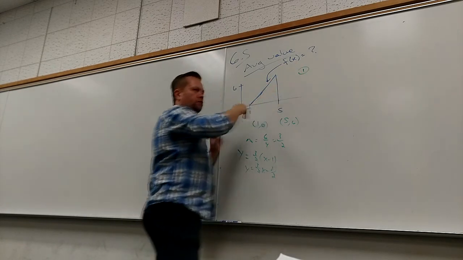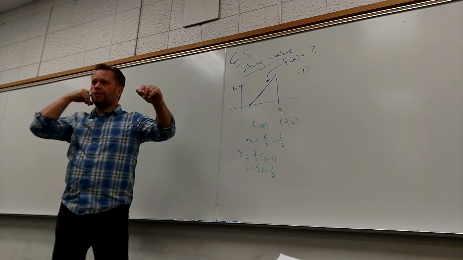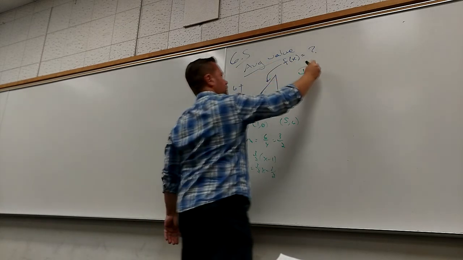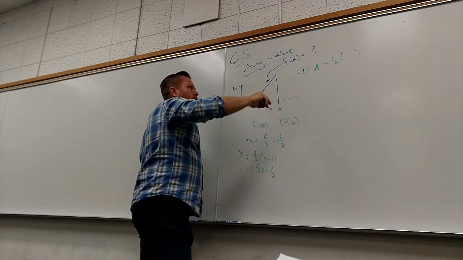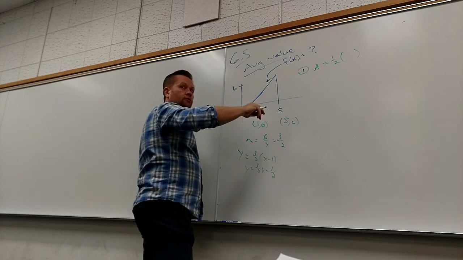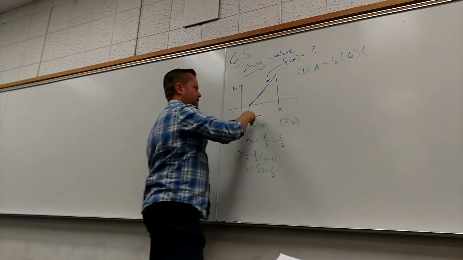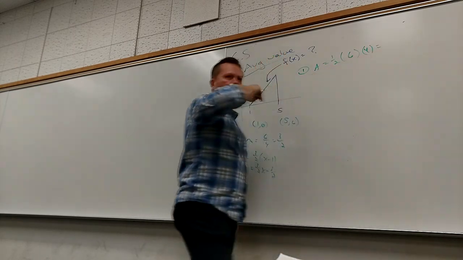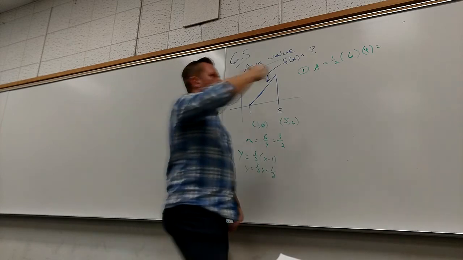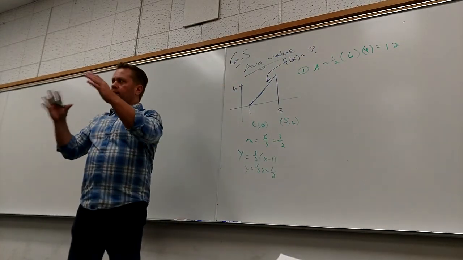Let's do this geometrically. What's the area of this triangle? One half of the 6 times 4 equals 12. All right. Now watch, this is kind of cool. So the area of this thing is 12.